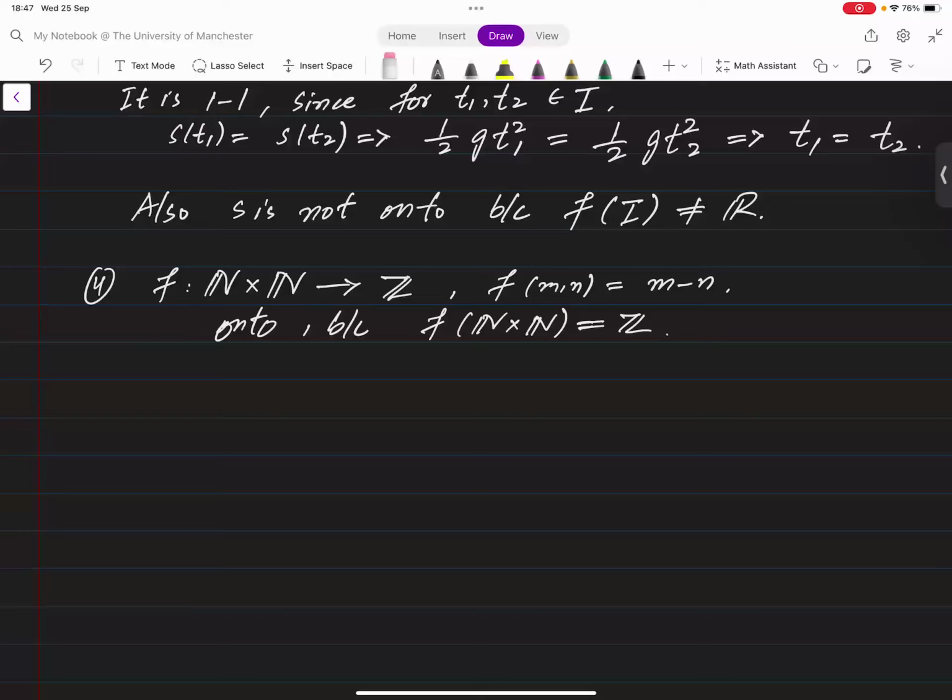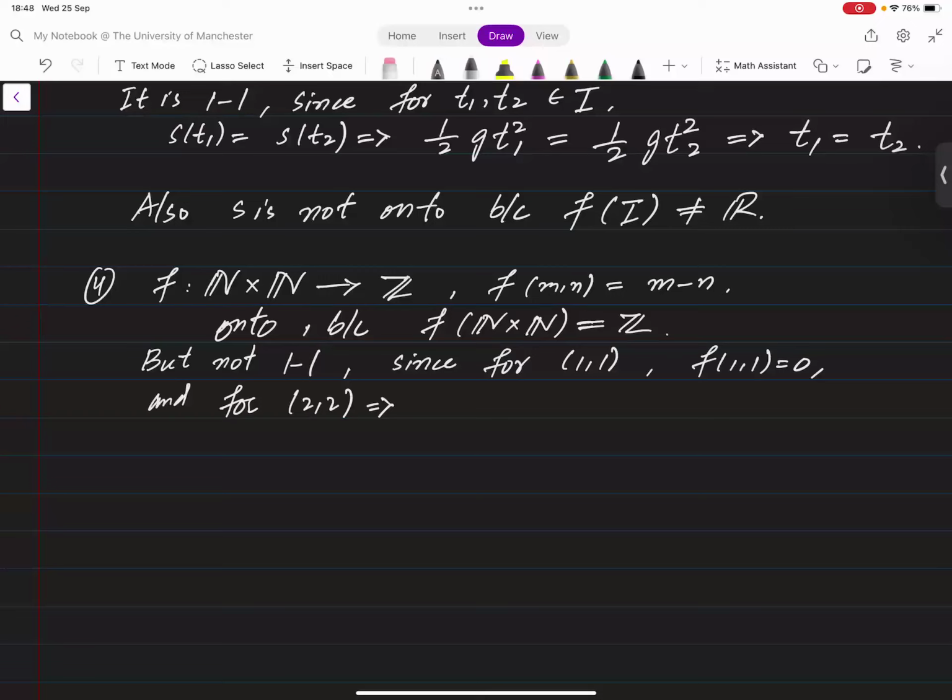So this is onto now, but not 1-to-1, since for (1, 1) you get f of (1, 1) is 0, and for (2, 2) you again get f of (2, 2) is 2 minus 2, which is 0.